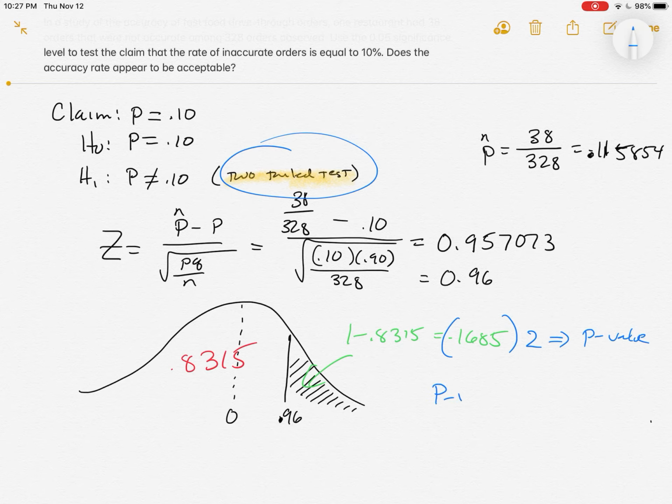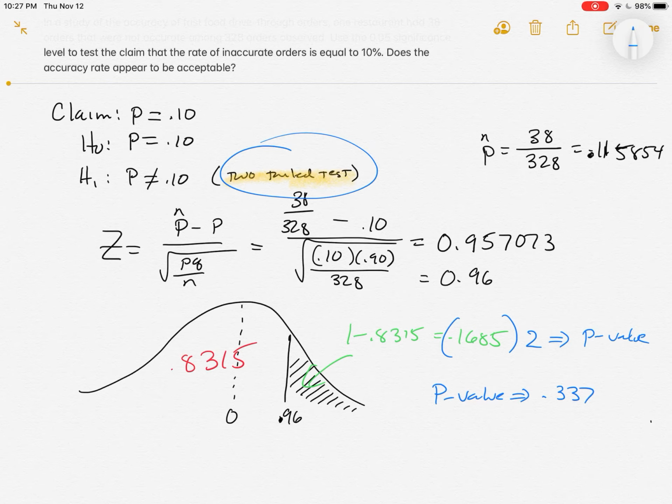So when you go to type in the p-value, because it will ask for it separately, you're going to double 0.1685, and you're going to come up with 0.337. When you type 0.337 in for the p-value, it's going to say, good job, right?